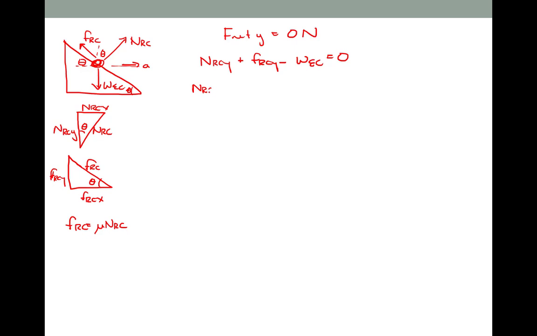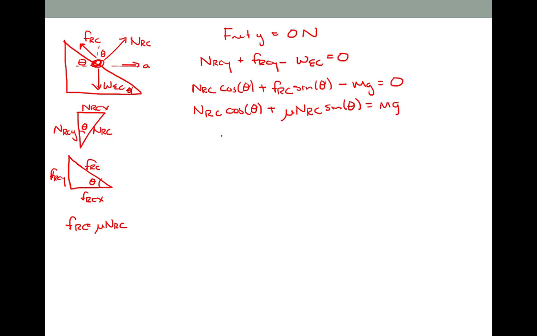So that is n_RC cosine theta plus F_RC sine theta, it's on the side opposite, minus mg equals 0. I can then solve for my normal force.